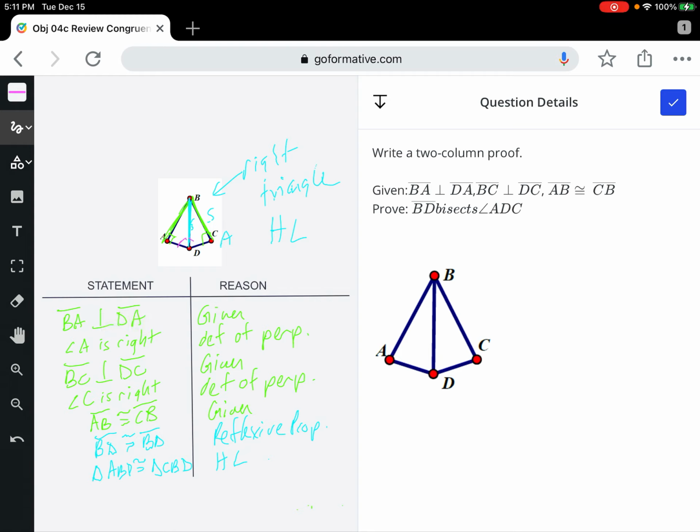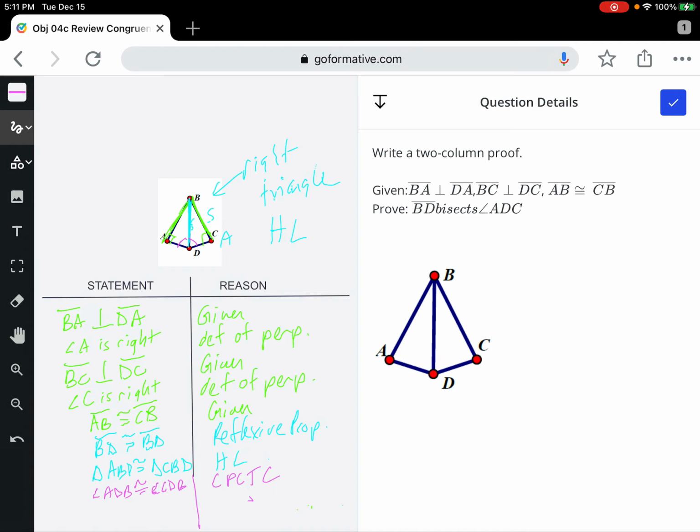Okay, once I know that these triangles are congruent, well, I know that this angle is congruent to this angle. I know angle ADB must be congruent to angle CDB. Okay, the reasoning there is because corresponding parts of congruent triangles are congruent.